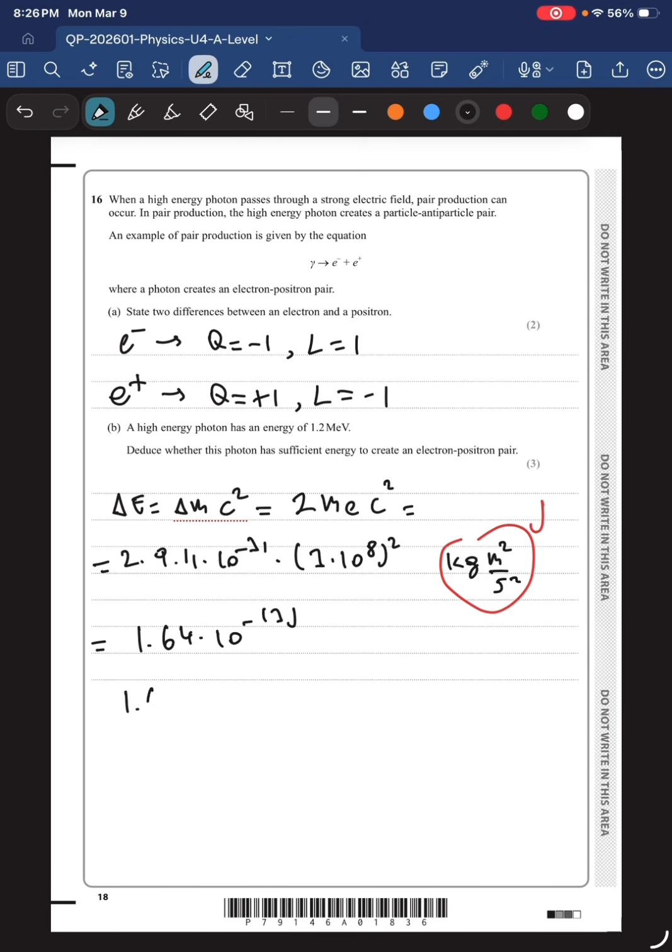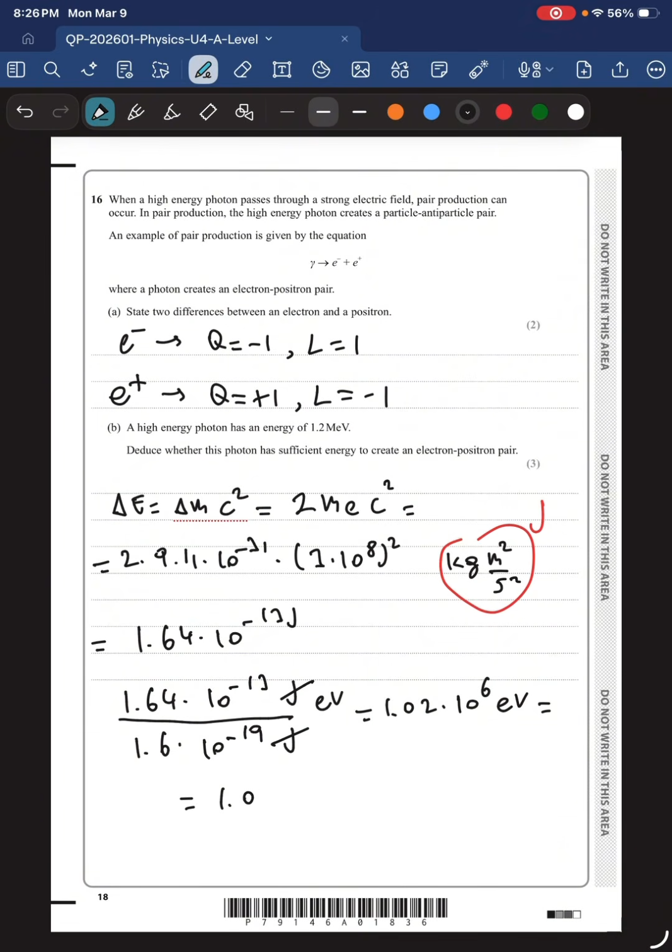And if we divide 1.64 times 10 to the negative 13 joules by 1.6 times 10 to the negative 19 joules per electron volt, we find 1.02 times 10 to the 6 electron volts, which is equal to 1.02 MeV, which is less than 1.2 MeV. So this photon works.